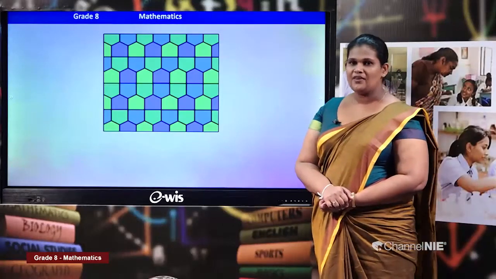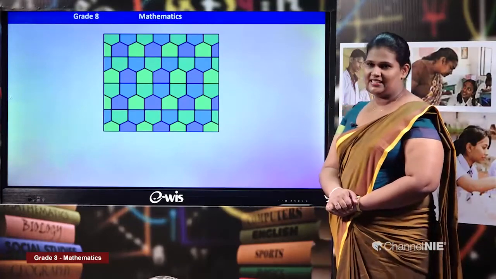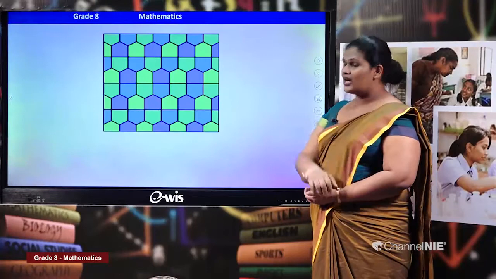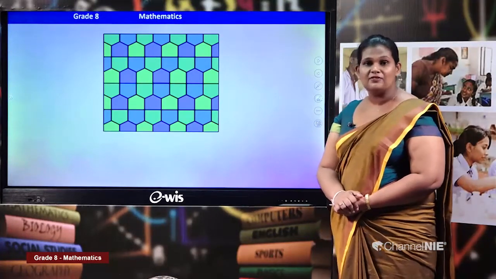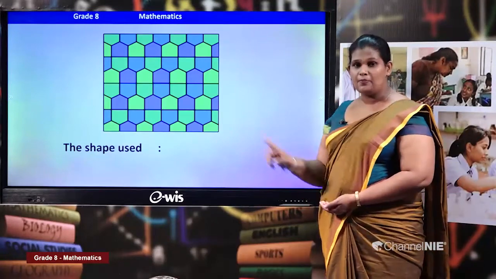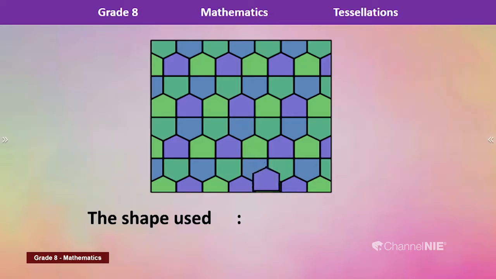Right. Now, have a look at this pattern. Here, what is the shape you can see? Have you noticed the shape? How many sides are there in that shape? We will count 1, 2, 3, 4, 5. There are 5 sides in that shape. So, the shape we have used is called a pentagon.